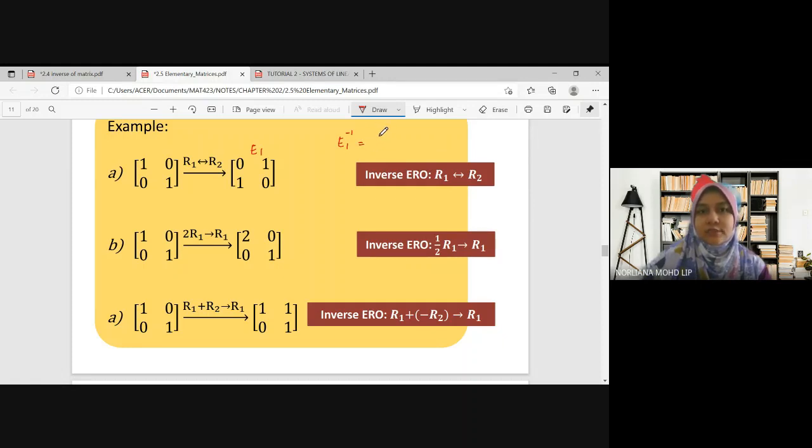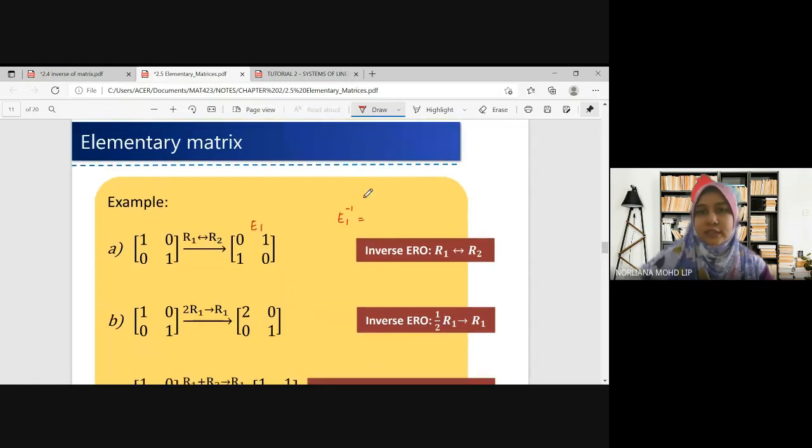Gunakan operation yang sama lah juga. Dia akan dapat, dia nak cari E1 inverse pun sama daripada identity kepada inverse ni, inverse elementary matrix. Sama lah nak cari dia.